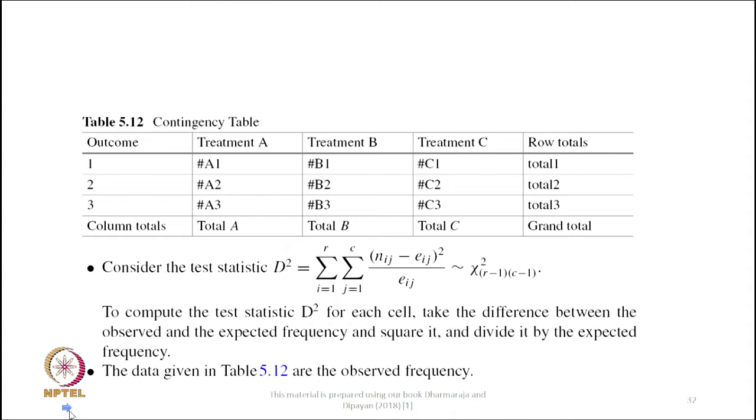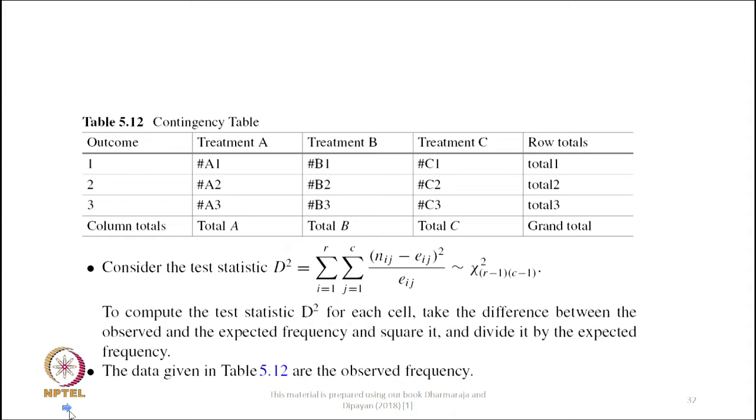Therefore, here the test statistic is the double summation over the rows and columns of the observed values minus the expected values, the whole square, divided by the expected frequency Eij. That follows a chi-square distribution with r minus 1 times c minus 1 degrees of freedom.